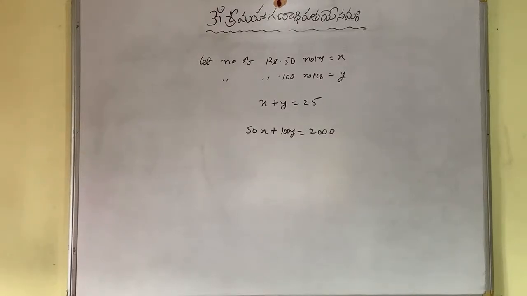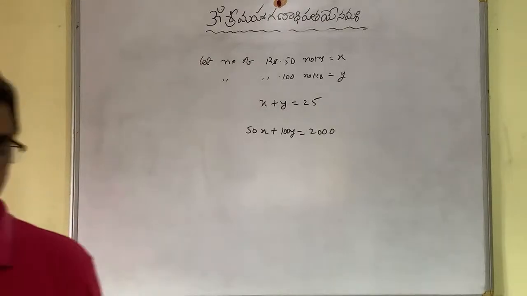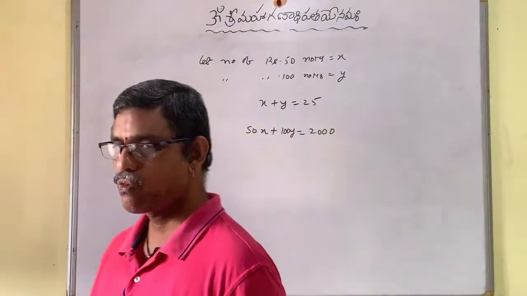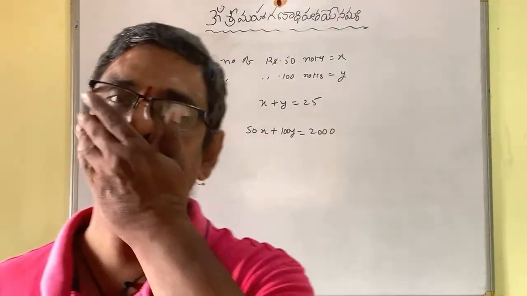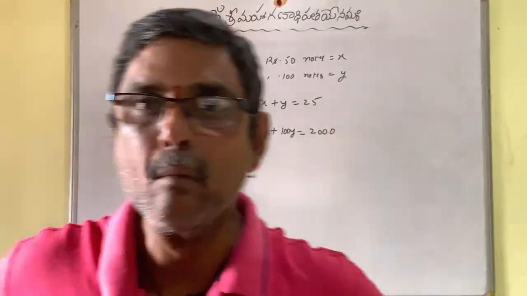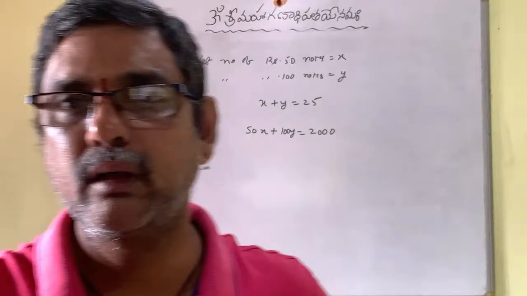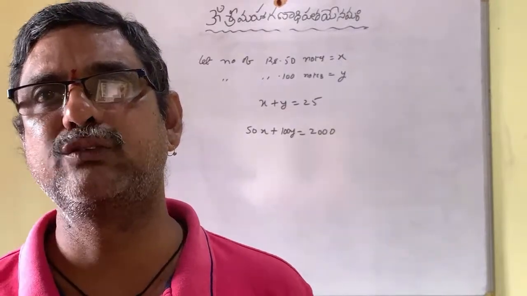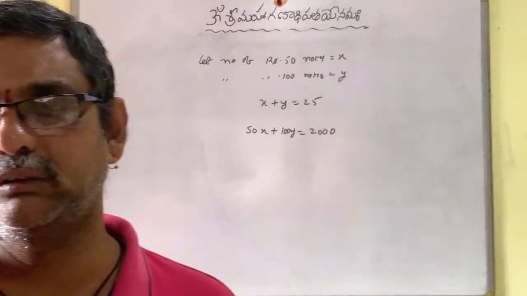Now find out the value, children. Find out the value. So 100 rupee notes 1500 and 50 rupee notes 500, so 2000.